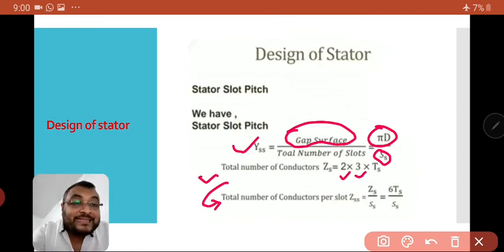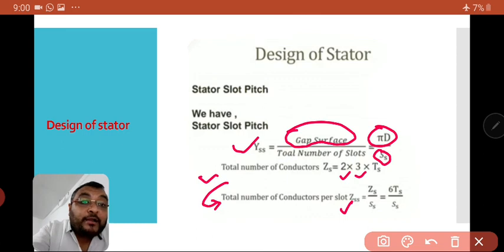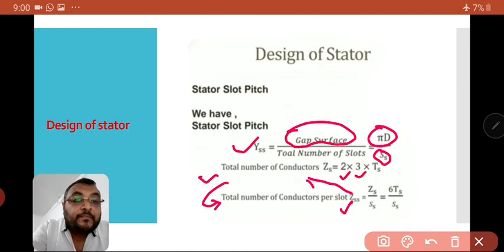Zss stands for the total number of conductors per stator slot, Zs stands for the total number of conductors, and Ss stands for the number of stator slots.